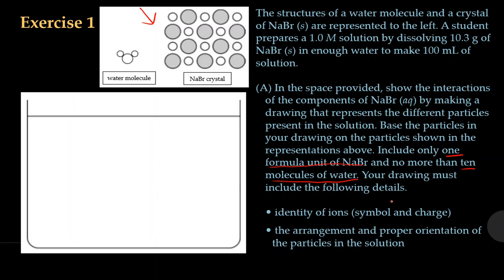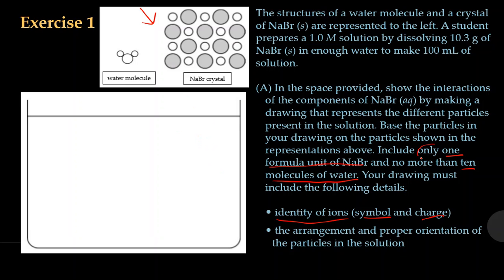Your drawing must include the following details. Identity of ions, so you need to make sure they have the symbol and charge in there, and arrangement and proper orientation of the particles in solution. So we know dissolution of an ionic solid, of course, is going to have those particular ions being surrounded by the water.